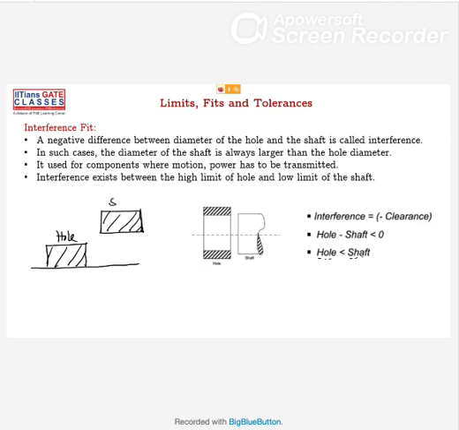So this is your shaft, and this is your minimum interference, and this is your maximum interference. Okay, and this is your zero line, and this is your interference fit.